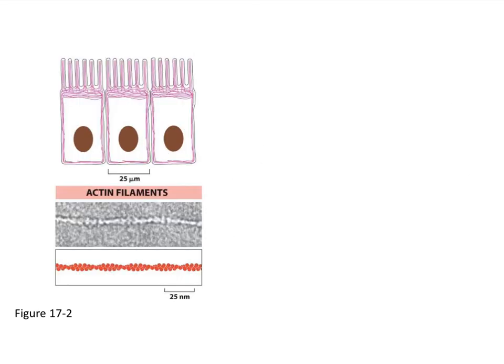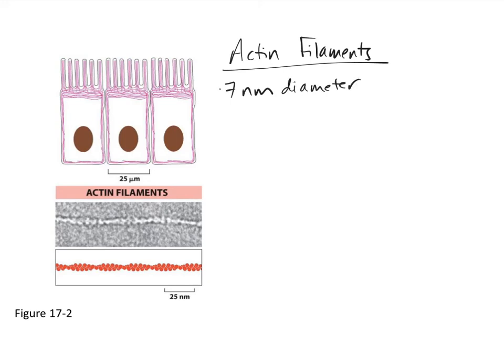The last part of the cytoskeleton to discuss is the actin filaments. These are 7 nanometers in diameter, and they are concentrated in the cell cortex, as I mentioned earlier, so along the kind of edge of the cell.